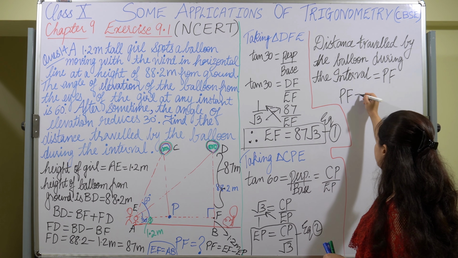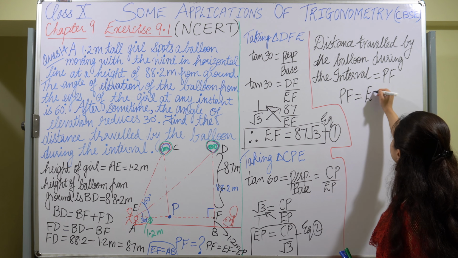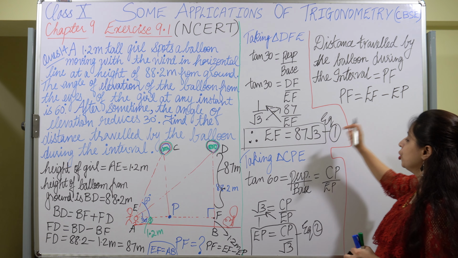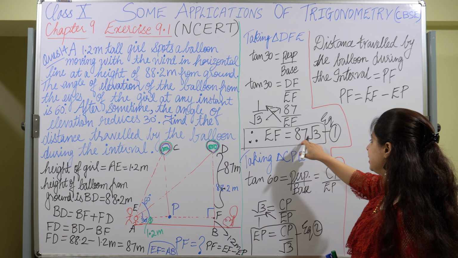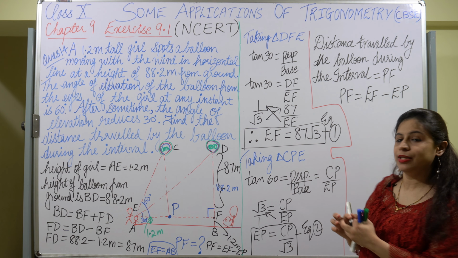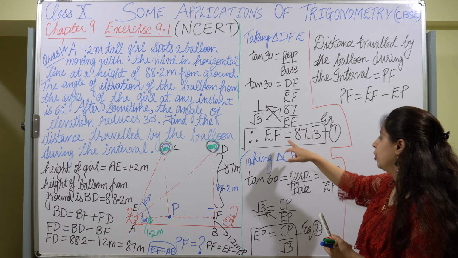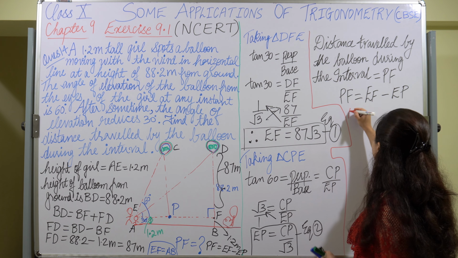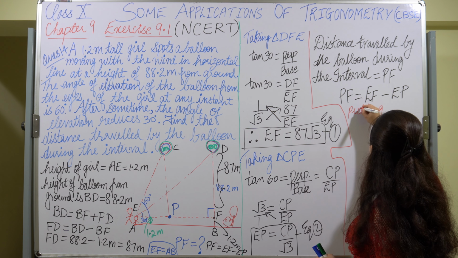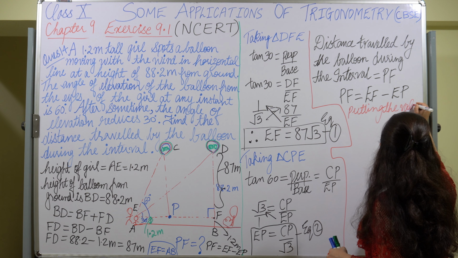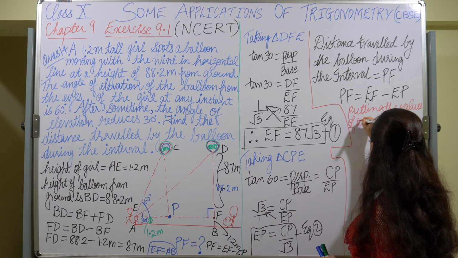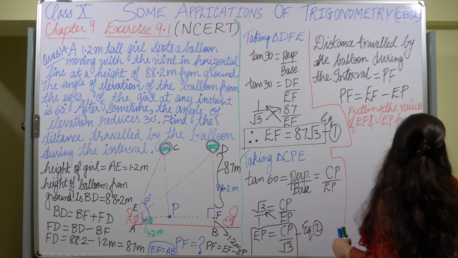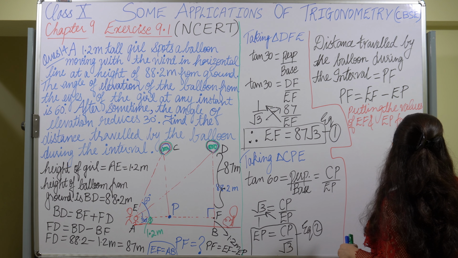Then PF is equal to EF minus EP. So we'll be putting the values of EF and EP from 1 and 2.